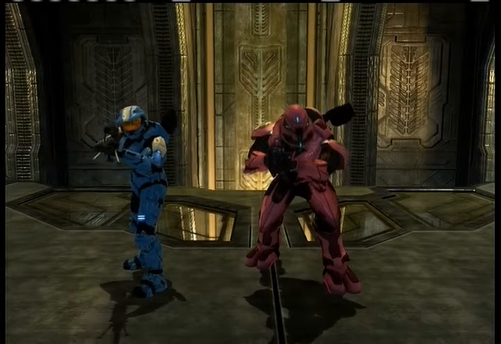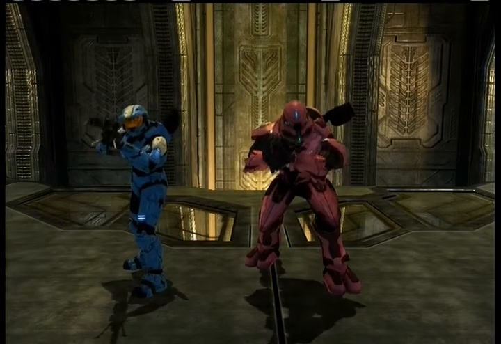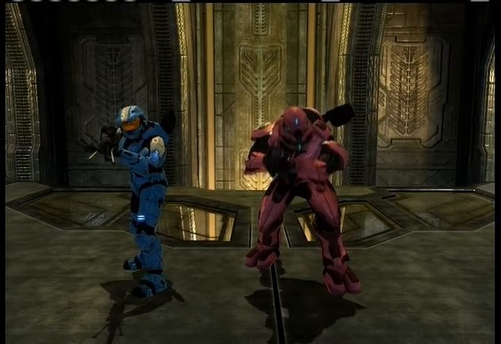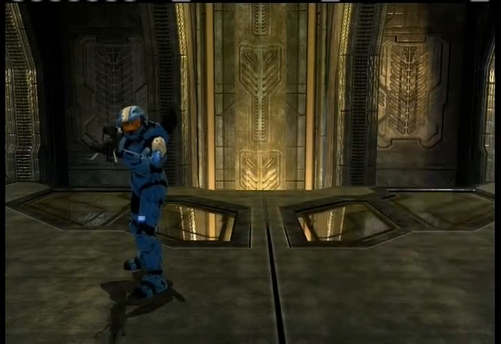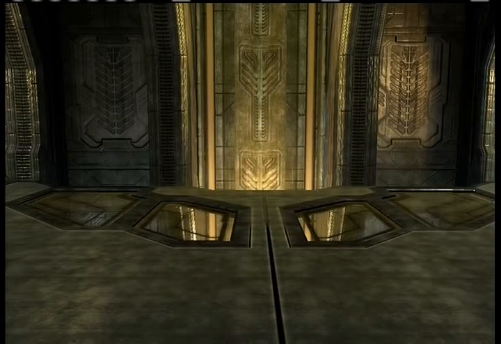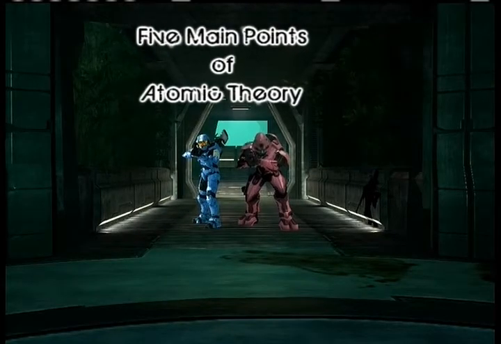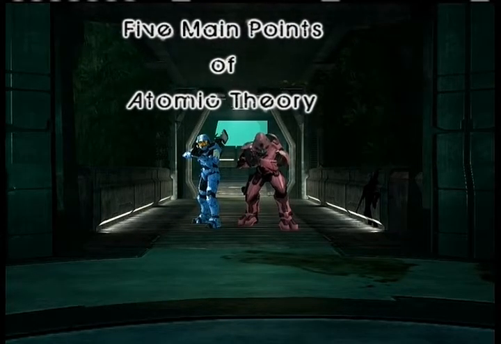This leads us to our next chemist, which is John Dalton. John Dalton was born on September 6, 1766. Dalton had 5 main points of his atomic theory.